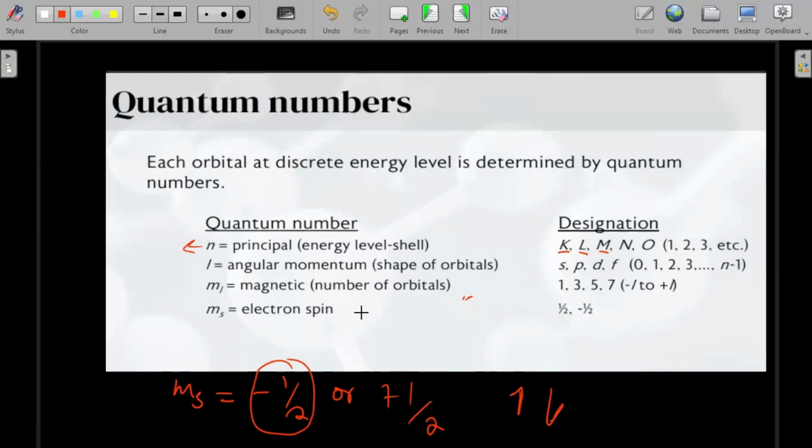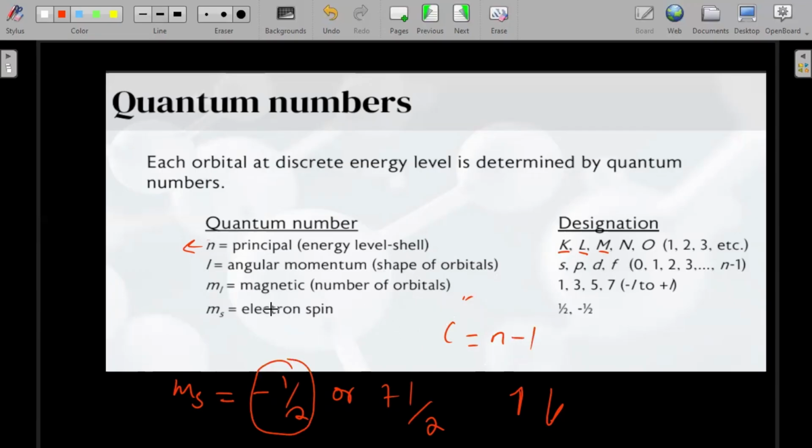Then for the N, you check the energy level, the subshell. Then L tells you the shape type of the orbital. If it's 0, just know that it's the s. If it's 1, it's the p. D is 2, then you can have f is 3, and so on and so forth. And we calculate L using L is equal to n minus 1.